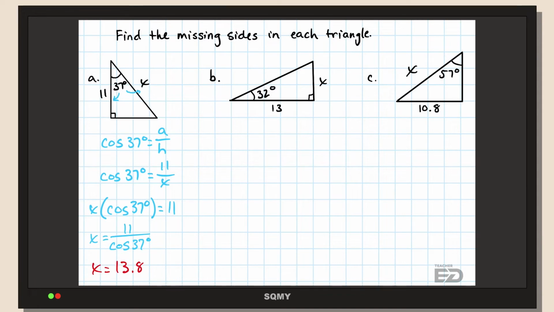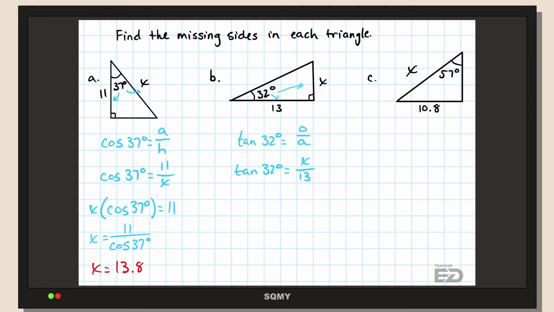So let's look at triangle B. This time, we're working with the opposite side and the adjacent. From our SOH CAH TOA again, we know that TOA is opposite over adjacent, so tangent is the correct ratio we need here. So tangent 32 degrees is equal to opposite over adjacent, which is x over 13.